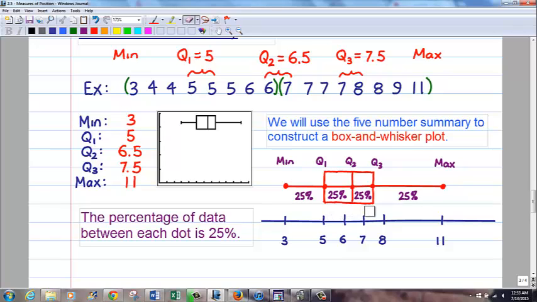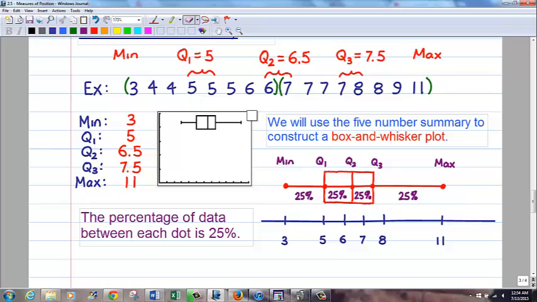Since Q3 is 75% total, that means it would be 25% between Q2 and Q3, and then 25% from Q3 to the max. So you see it has nothing to do with the width of that at all, because the number of values are the same in each region. You break them into quarters. Like for this one, the first 4 numbers are 25% of your data.